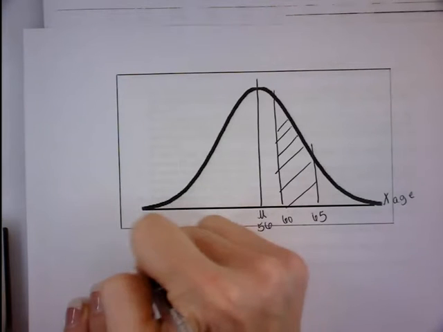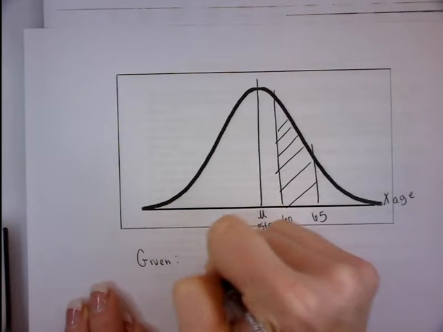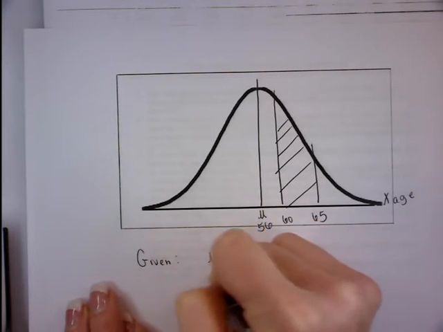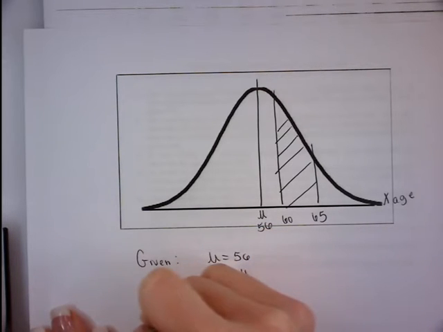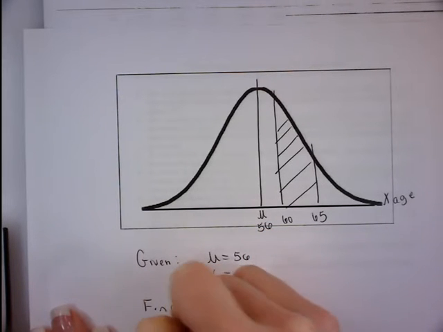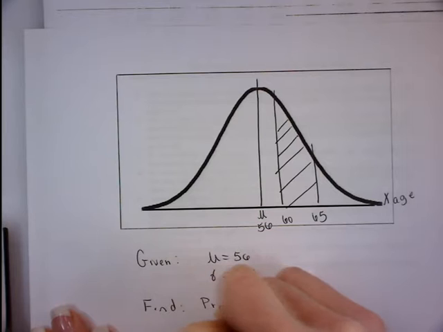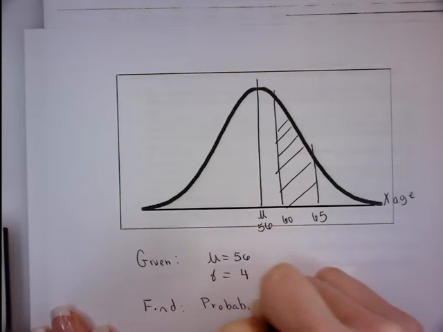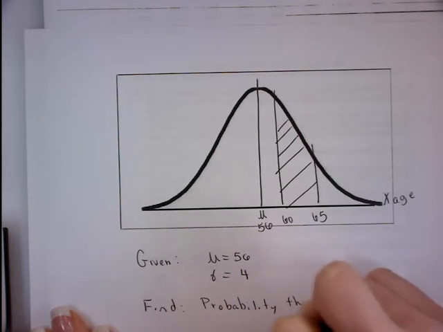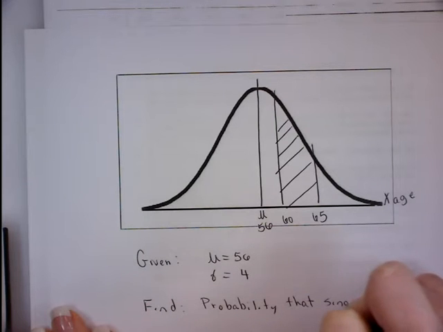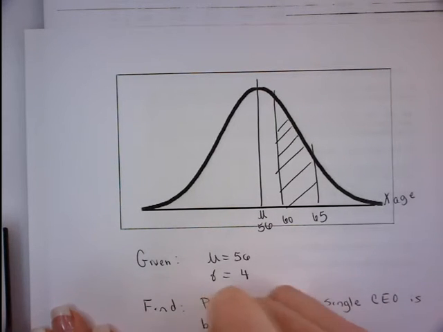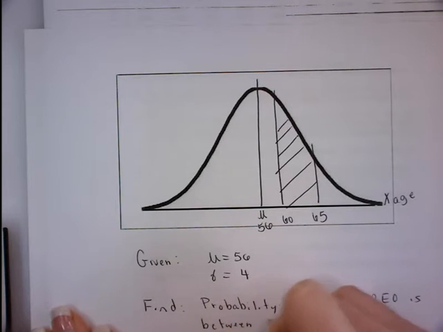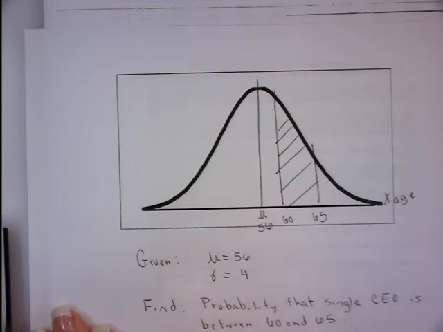So given the mean is still 56 years old and the standard deviation is still 4, find the probability that a single CEO is between 60 and 65. And it's really a two-part find.